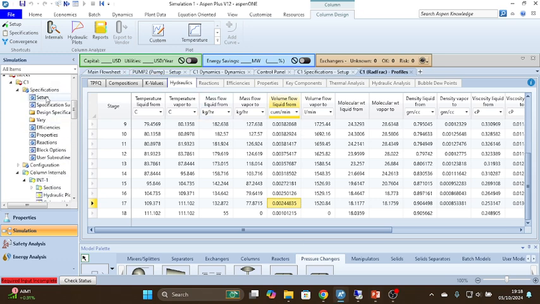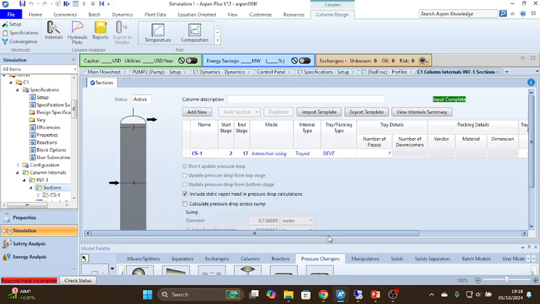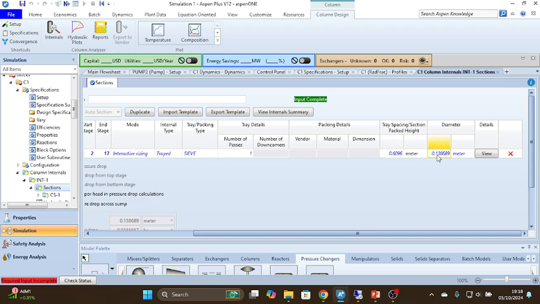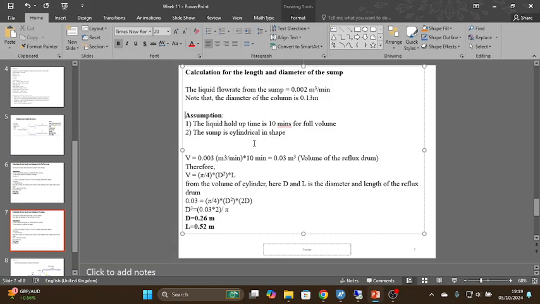If we come to the setup, and we have already made this, so over here you can see that the diameter value is given. For ease of calculation, we are just taking 0.13. If you want, you can take all the digits for all the calculations, and you are going to get a much more precise answer, but I am going to just go ahead with 0.13 meter as of now. So this is given to us.